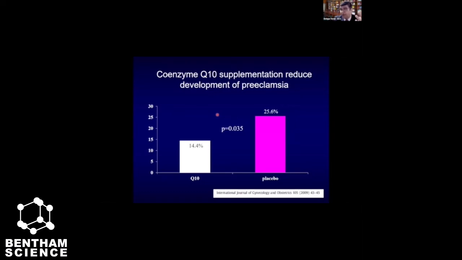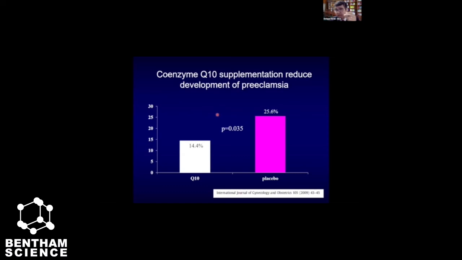It obviously depends on the population that we use. However, a very similar result has been found in a couple of studies conducted in the US with an American population, suggesting that Q10 can be a very interesting strategy to reduce the risk of future preeclampsia development.